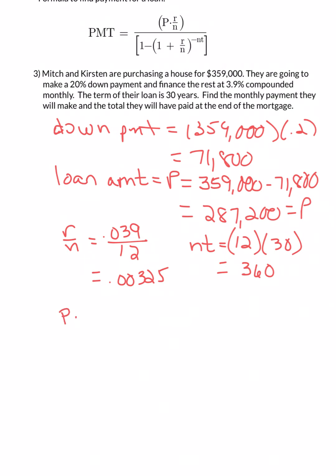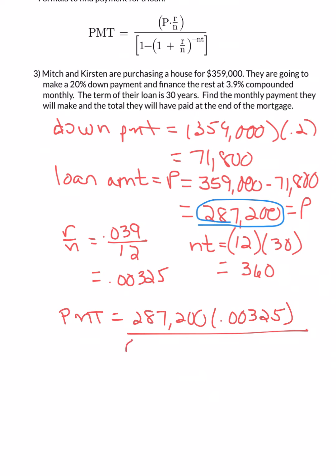Now we're going to put everything into the formula. Payment equals. Make sure you use P, the loan amount. Don't go back to the price of the house. So we're going to have $287,200. We're going to take that times the R over N, which we said is 0.00325.